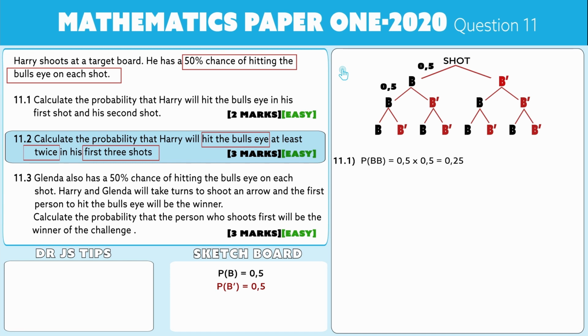And what are we looking for? We're looking for at least twice. So let's mark them with our highlighter. Here he would have hit 3.